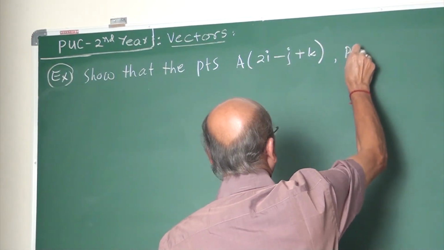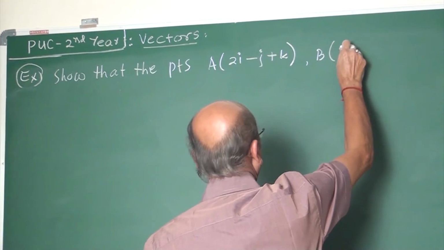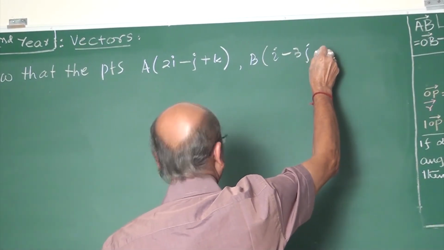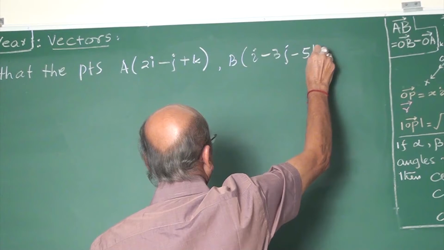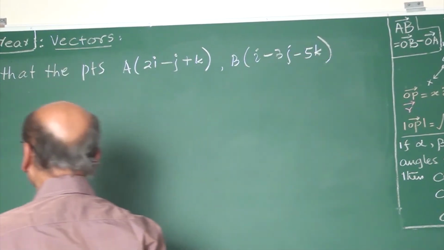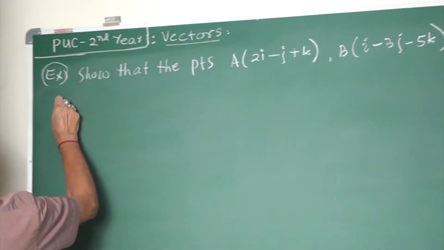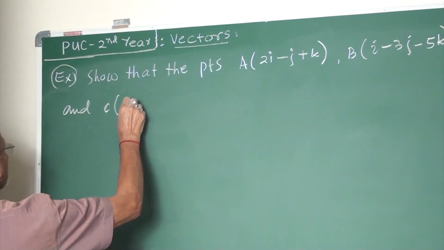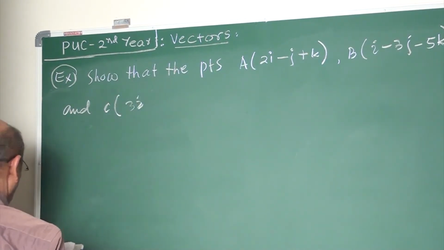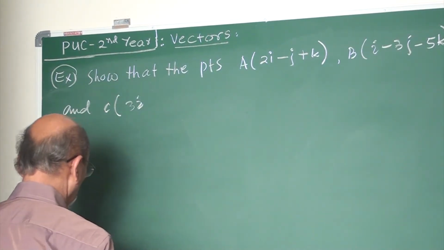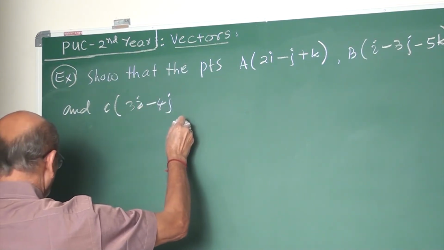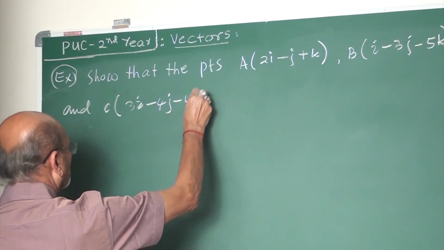And B, another point, is i minus 3j minus 5k. And C, another point, its position vector is 3i minus 4j minus 4k.